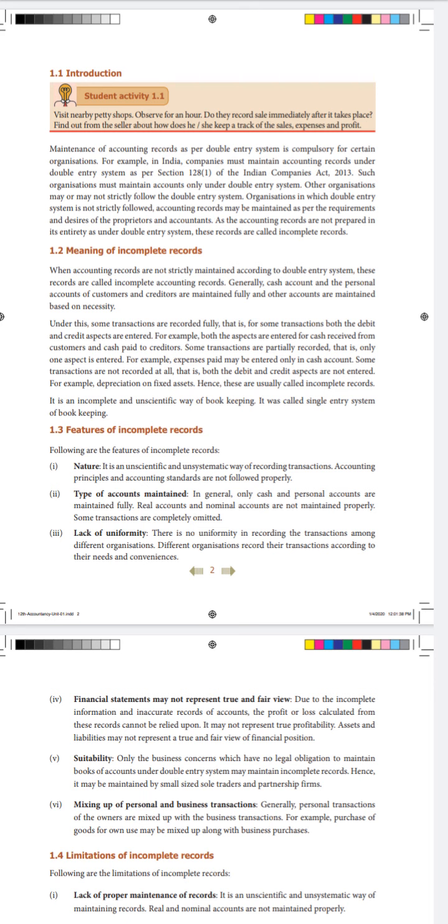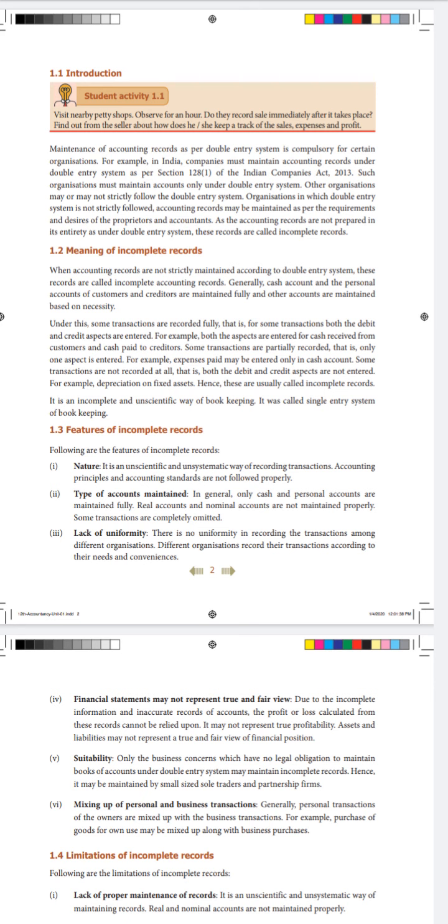Number three, the lack of uniformity. Since the organizations can use their own way of recording the transactions, there will be no uniformity for the same type of organization or different ones, because each and every organization can follow their own way of recording the transactions. So automatically there will be no uniformity in recording of transactions.